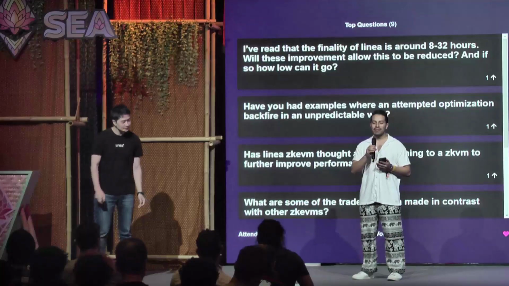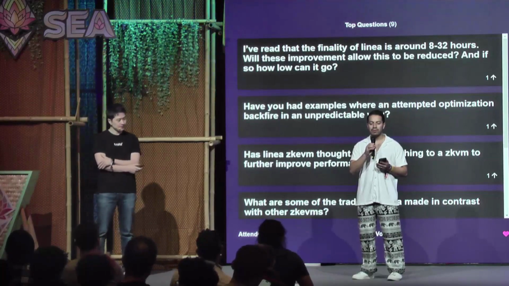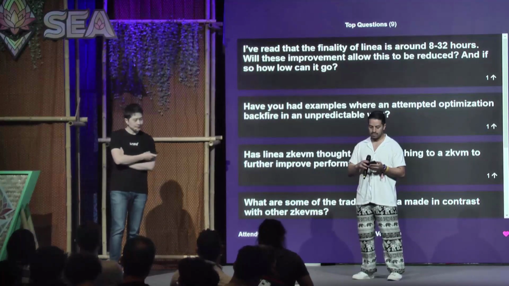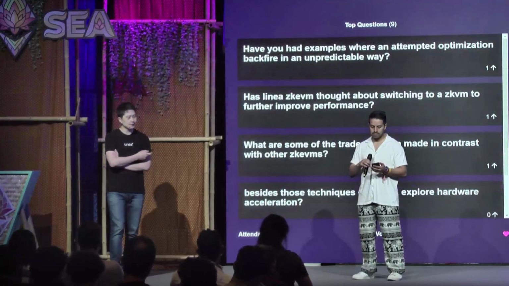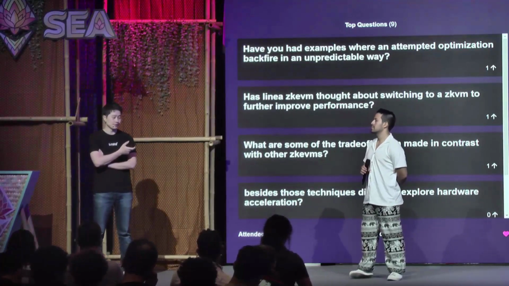I've read that the finality of Linea is around 8 to 32 hours. Will these improvements allow this to be reduced? And if so, how low can it go? Actually, the finality time includes many different factors.